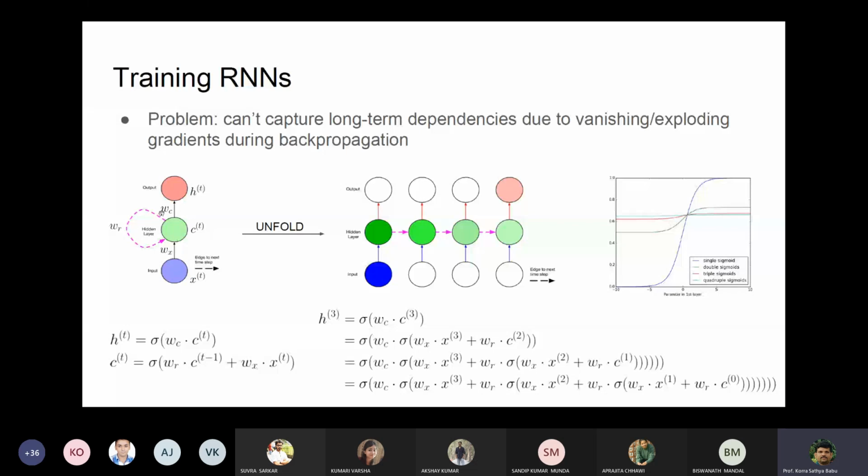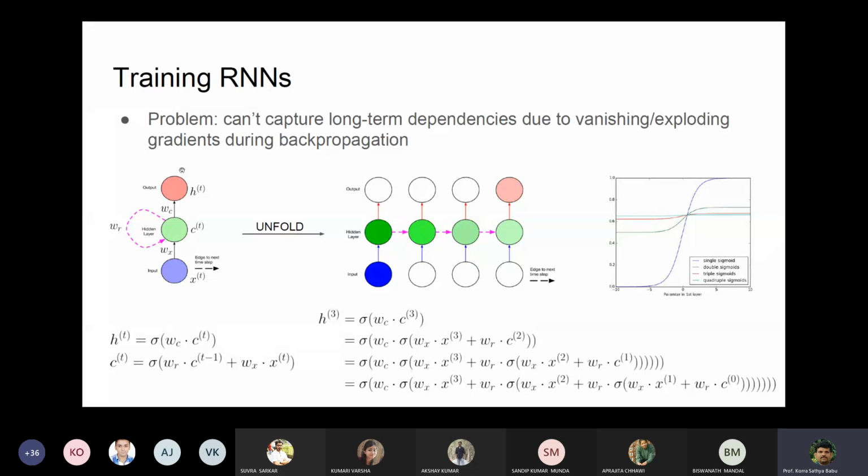Basically C of t is measured as the input x of t multiplied by its weight Wx, along with the previous value multiplied by the weight Wr. This is how you get the output for a neural network.